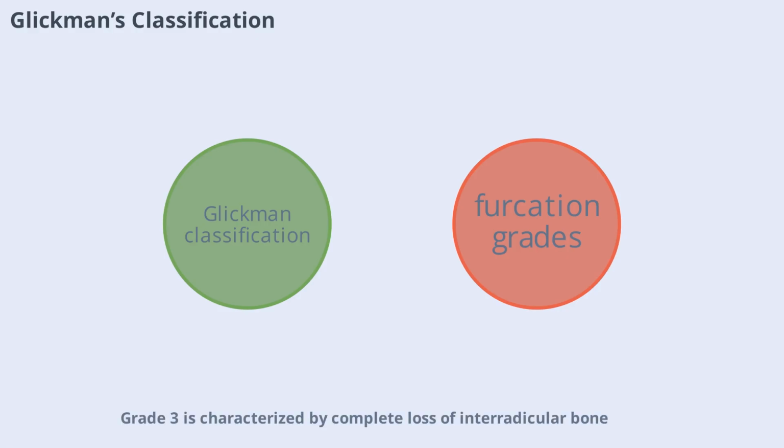Grade 3 is characterized by complete loss of interradicular bone, forming a through-and-through tunnel, often visible as a radiolucent area on radiographs. Grade 4 also has complete bone loss, but the furcation opening is clinically visible due to gingival recession. This classification helps guide treatment decisions.